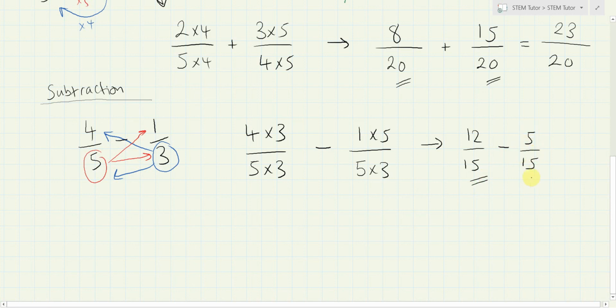Again, if the denominators are not the same at this stage, something's gone wrong, so go back and check. So again, with subtraction, the denominator is the same, and now it's just a case of 12 subtract 5, which is 7. Okay, so the process is exactly the same, we're just subtracting as opposed to adding.